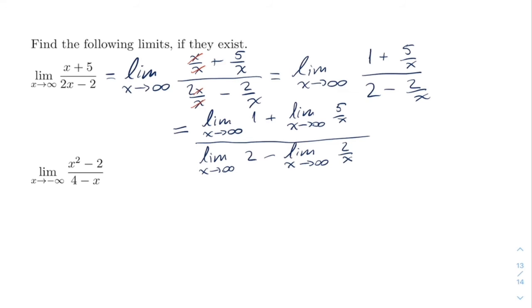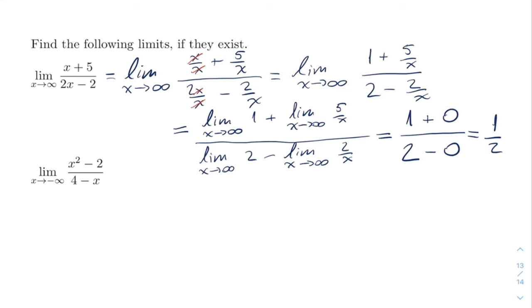Okay? The first one is 1. The second limit here is a constant divided by a positive power of x, so the second one is 0. The third one below here is just 2. And this last one is again 0. So the limit of this will be 1/2.